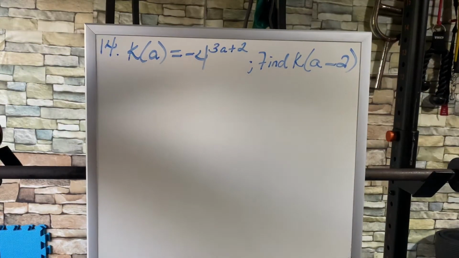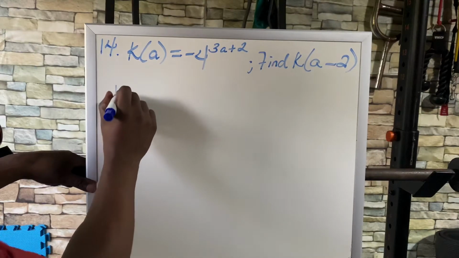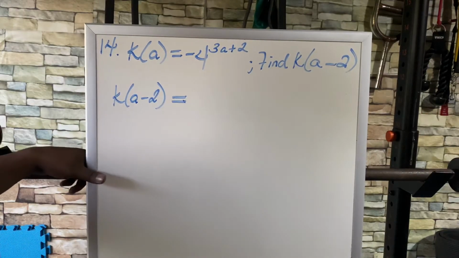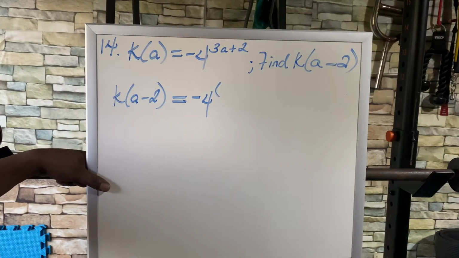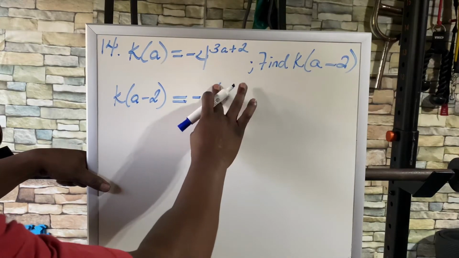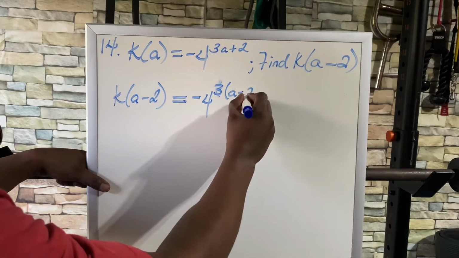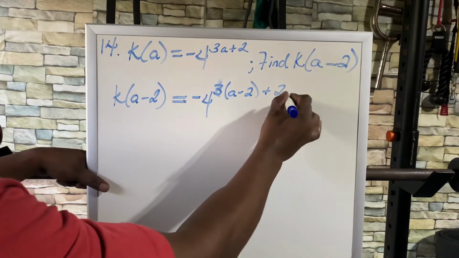Number 14, k of a equals negative 4 to the 3a plus 2. We have a binomial which is a minus 2. So k of a minus 2 equals negative 4 to the 3 times a minus 2, which is part of the exponent, plus 2.